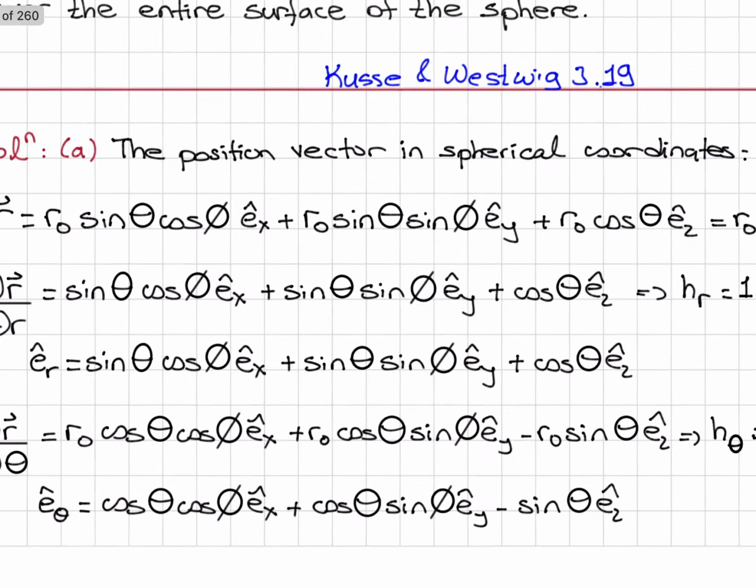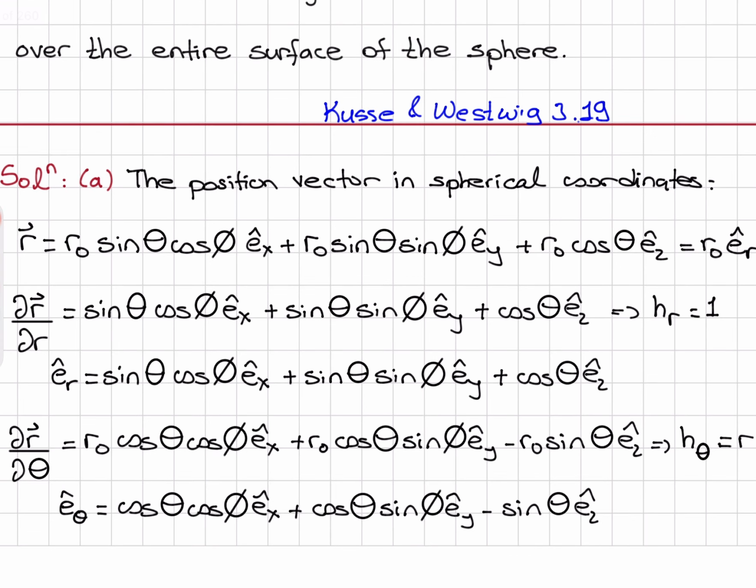Now, if I multiply er hat by cosine theta and e theta hat by minus sine theta and add them up, these terms would cancel. Multiplying this by cosine theta, I obtain cosine square, and here I obtain sine square, so that would give me ez hat.